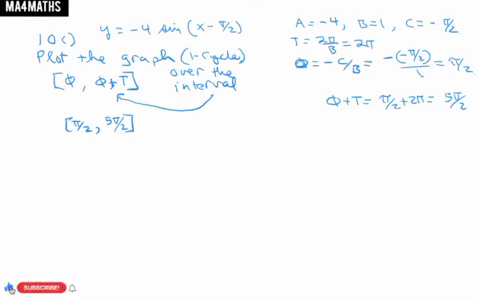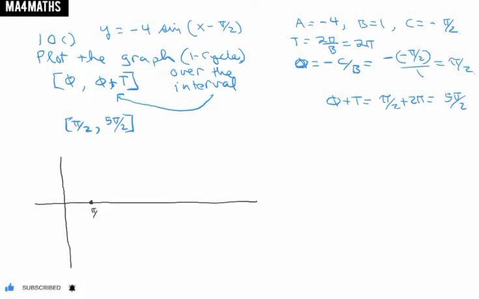So we're ready to basically plot this graph. We're going to start here at pi/2. We're going to end at 5 pi/2. So the midpoint here, if you add pi/2 plus 5 pi/2, it'll be 6 pi/2, which is 3 pi, divided by 2 gives 3 pi/2.